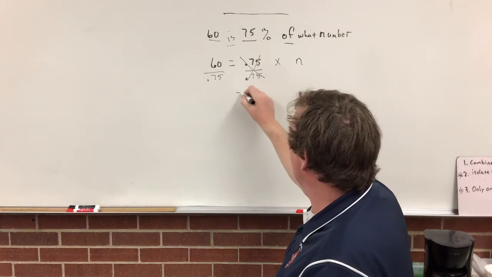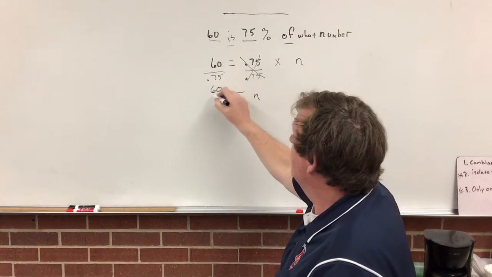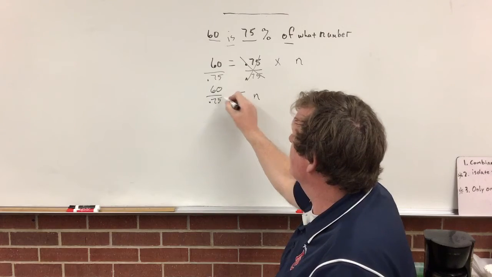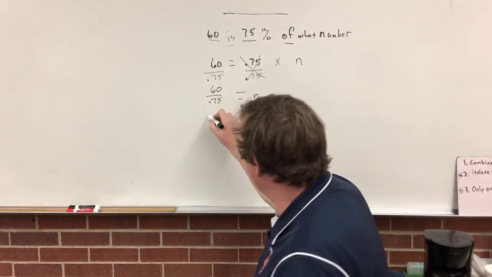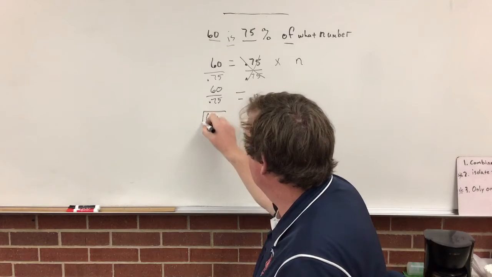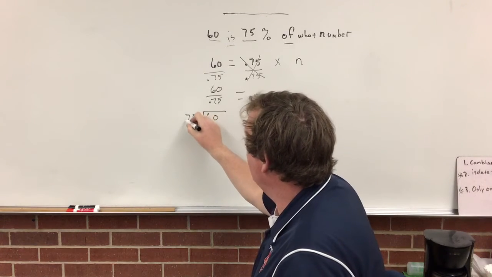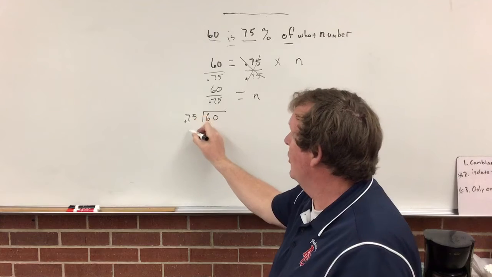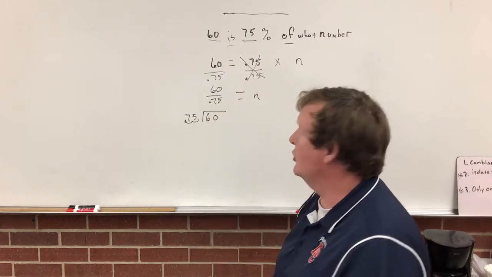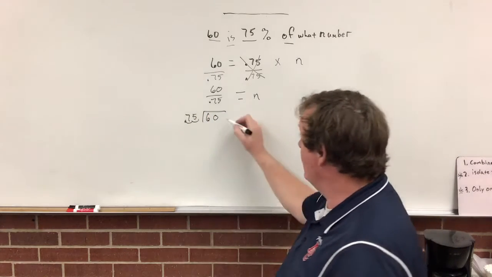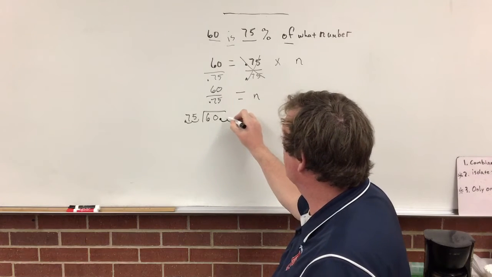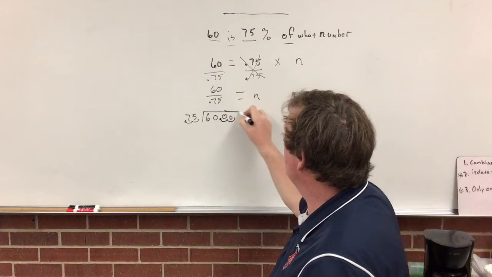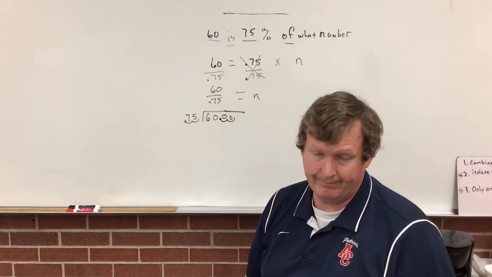So n will equal 60 divided by 0.75. Now, here's the tricky part. Remember, the top number goes in the box, the bottom number goes outside. And since it's a decimal, we have to move the decimal 2 places to the right. That means if there's no decimal here, I put it in there and move 2 places to the right and add 2 zeros to my answer.